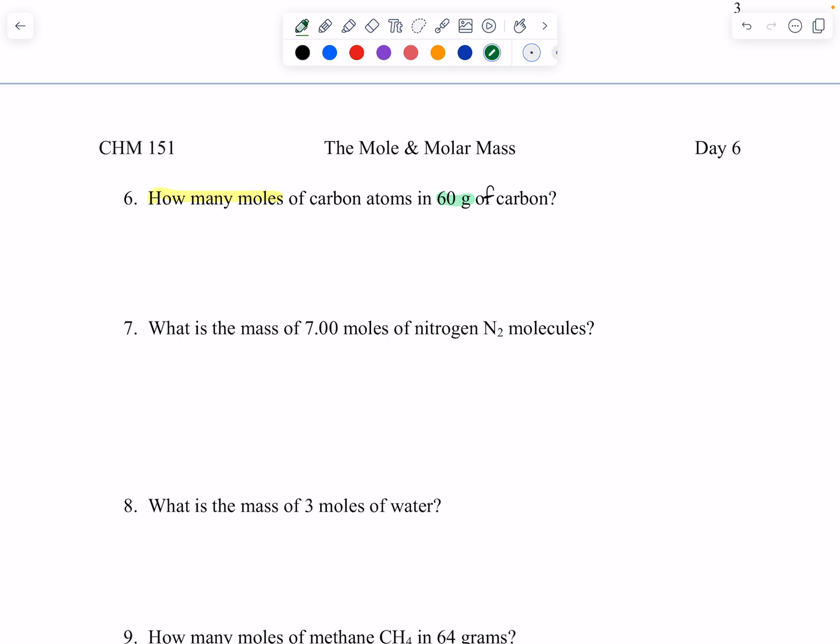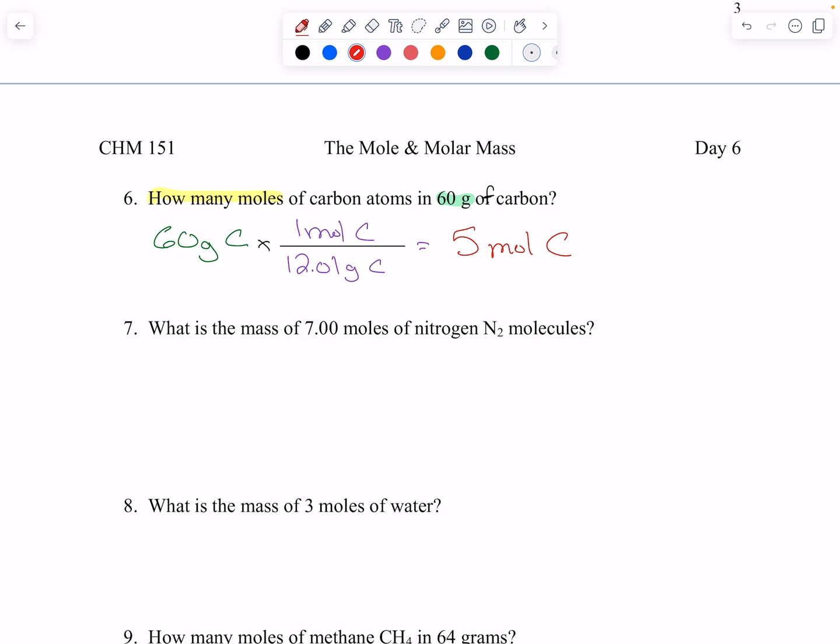So if we start with our 60 grams of C, on the bottom has to be grams of C. So that's from the periodic table. 12.01 grams of C is 1 mole of C. So I'm taking 60 divided by 12.01. Now, I'm just going to do 60 divided by 12 because I only have 1 sig fig. And so I get 5 moles of C.